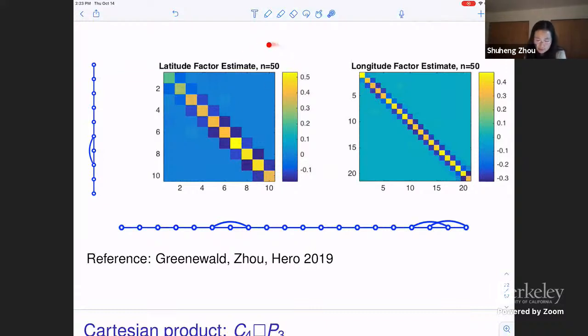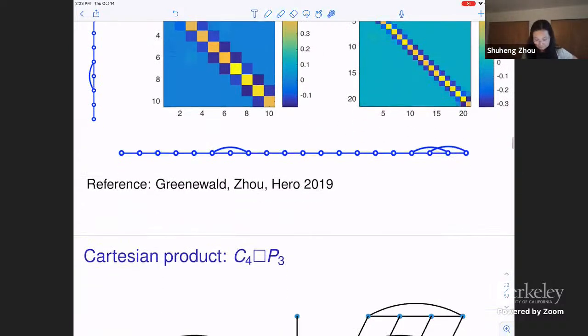So N2 is 50 years. So this is for both graphs, generated from 50 years of the historical data in January. So in January, we know there's no hurricane, there's no tornado. So the east grid in the US looks pretty calm.